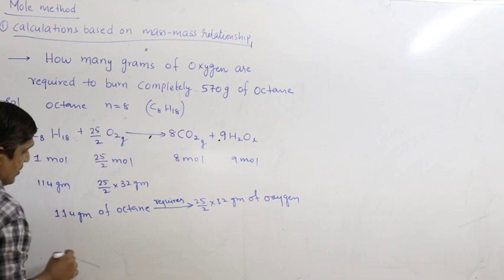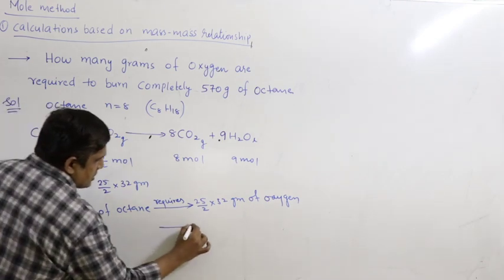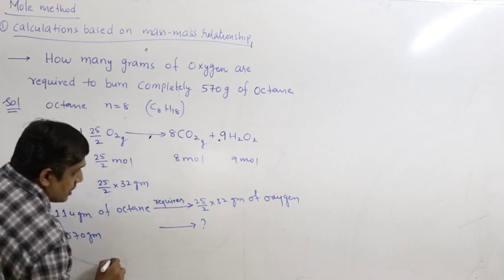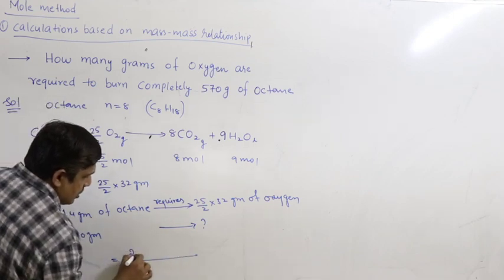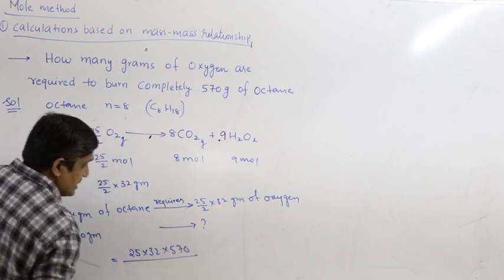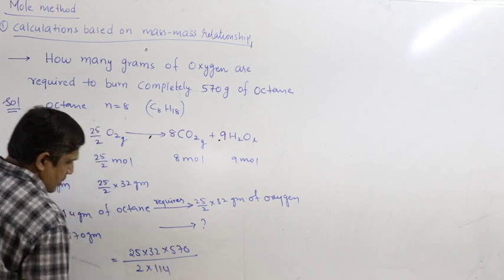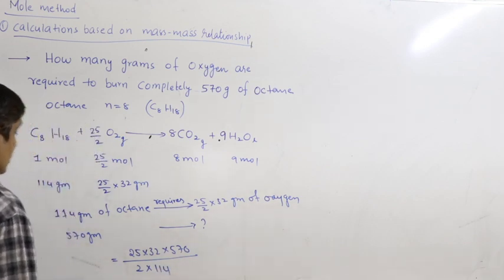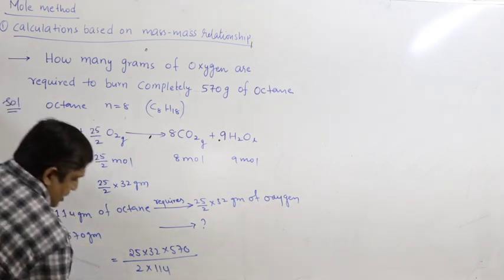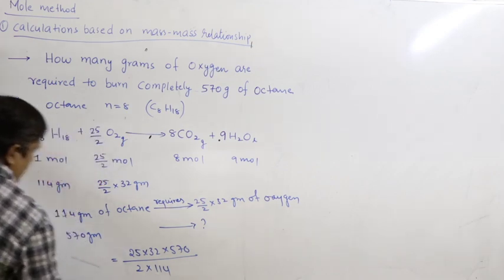But how many grams of octane we have? 570 grams. Therefore, this is 25 into 32 into 570 by 2 into 114. So on simplification you will get around 2000 grams.